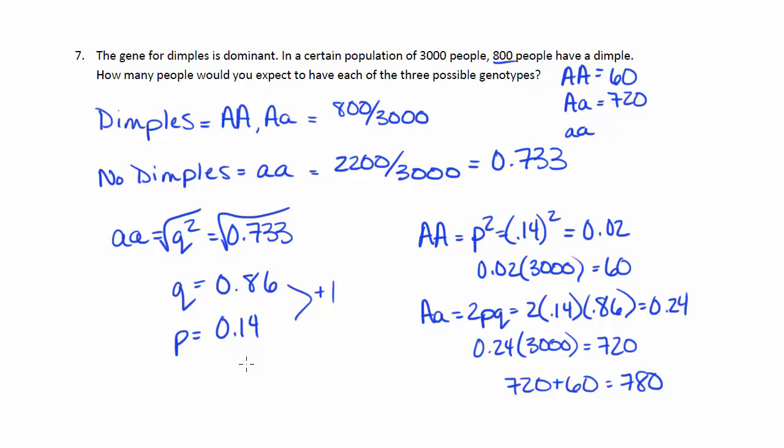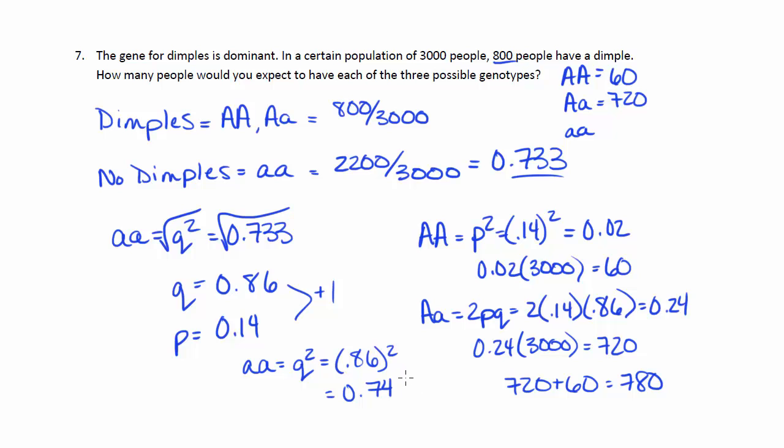But if we look at what we would predict, little a is Q squared. So we would look at 0.86 squared, which is equal to 0.74, and that's pretty close to what we had up here.